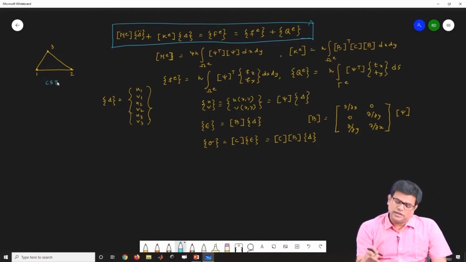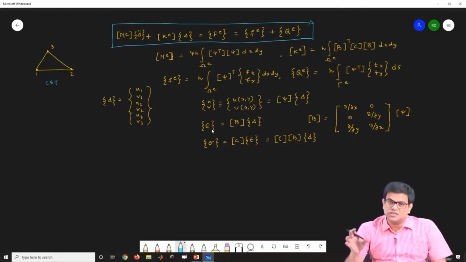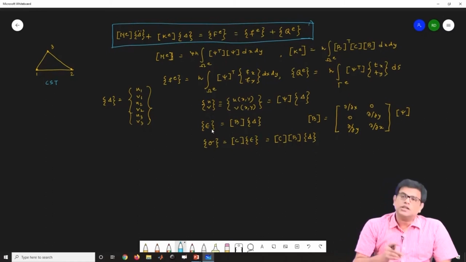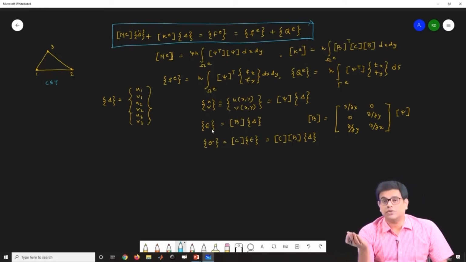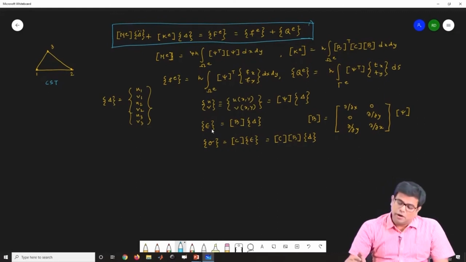So, naturally the B matrix will be a constant matrix, and since B is constant, strain will be constant. That is why it is called constant strain triangle. Obviously, it will have jumps at the inter-element boundaries.